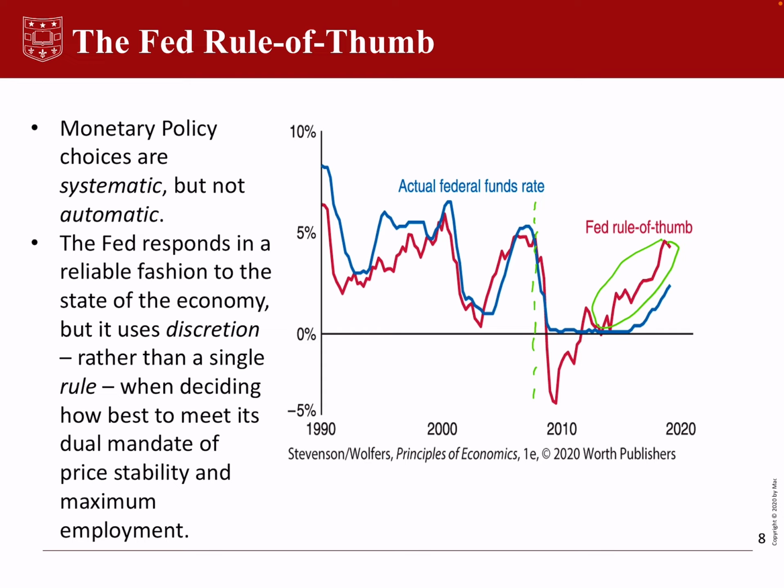The Fed in the US is responding in a reliable way to the state of the economy, but it uses discretion in its choice for the Fed funds rate target rather than using a simple rule. And again, it's looking at a whole host of variables and deciding how best to meet the dual mandate of price stability and maximum employment. And sometimes that requires adjusting interest rates in a way different from what this rule of thumb would predict.